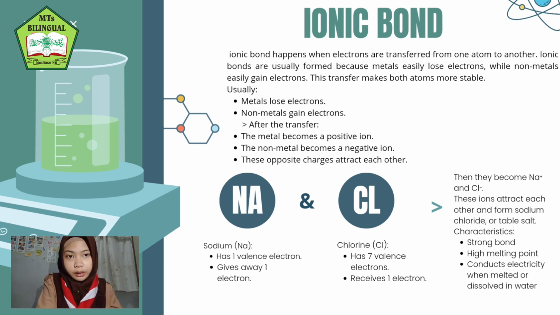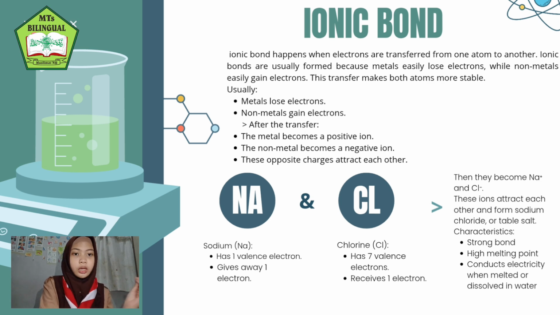For example, sodium Na and chlorine Cl. Sodium, Na, has one valence electron and gives away one electron to chlorine, Cl. Chlorine has 7 valence electrons and receives 1 electron. They become Na+ and Cl-.